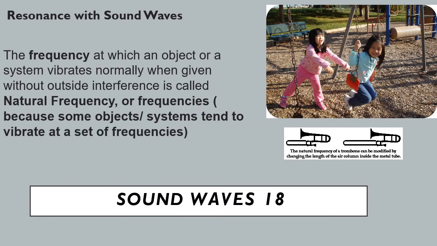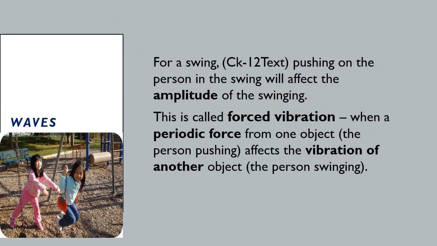The frequency at which an object or system vibrates normally, when given energy without outside interference, is called natural frequency, or sometimes natural frequencies, because some objects or systems tend to vibrate at a set of frequencies. Musical instruments are another example of that. But let's take this example in your CK12 text.